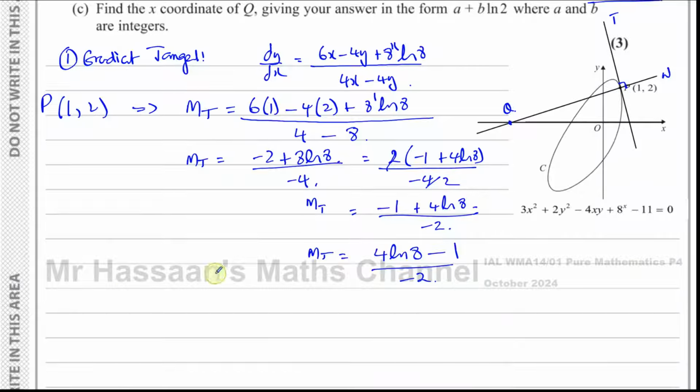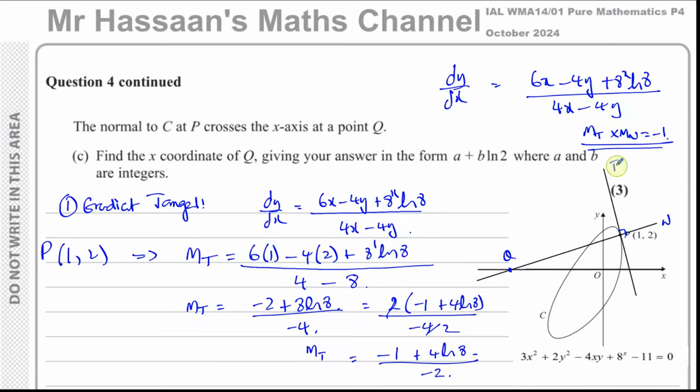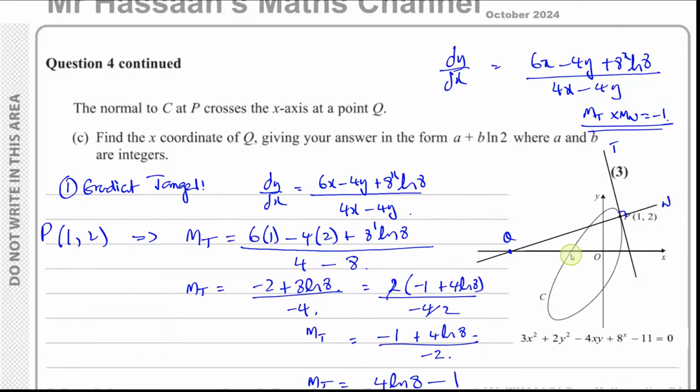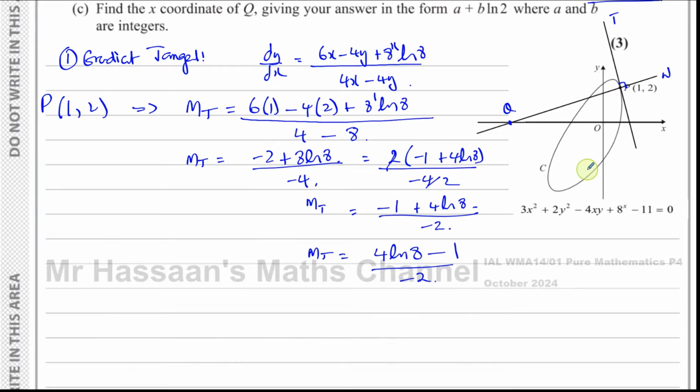Now what we need is the gradient of the normal, because we want to find where the normal hits the x-axis. This is the gradient for the tangent. So for us to deal with the normal, we have to find the negative reciprocal of this, because we know that the gradient of the tangent times the gradient of the normal gives you negative 1.